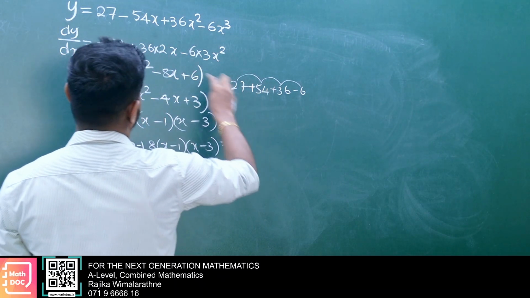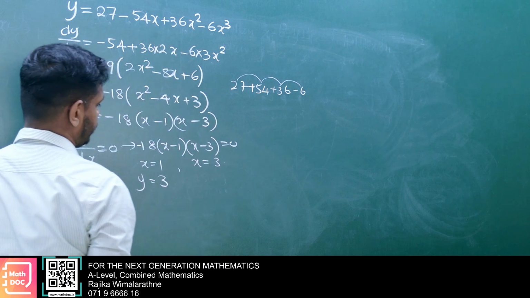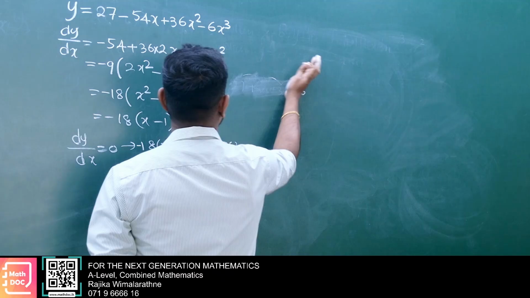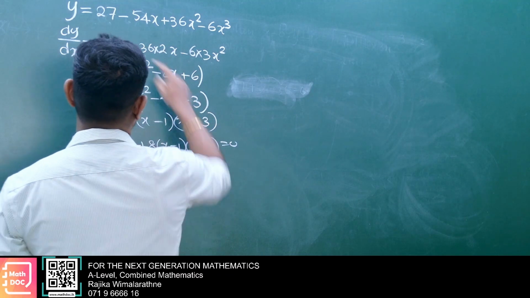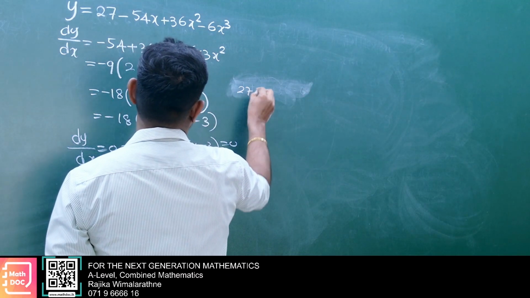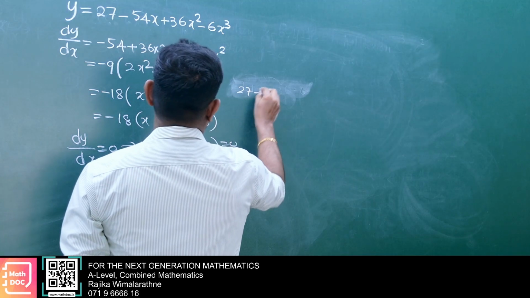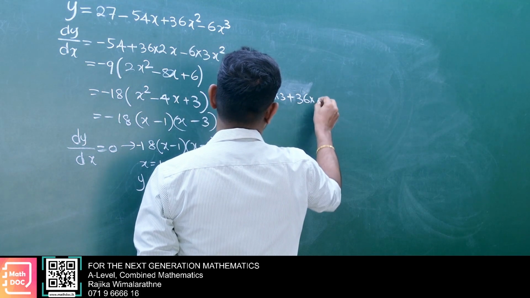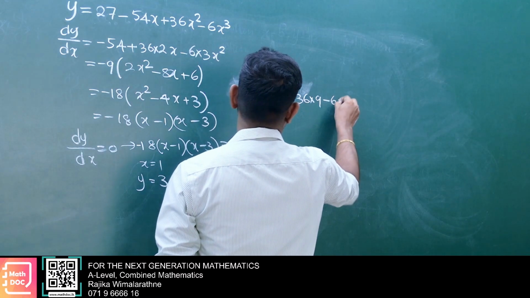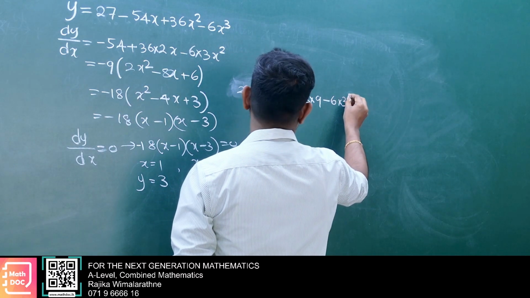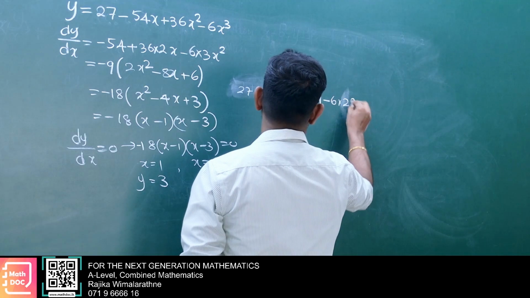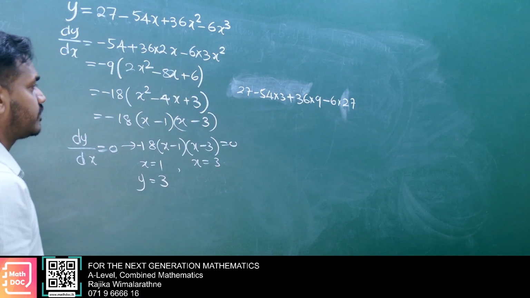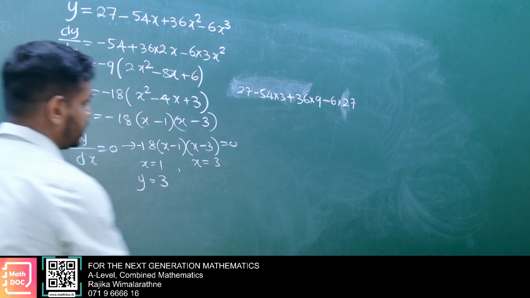For x equals 3: 27 plus 3, 27, 54 times 3, 36 times 9, 6 times 27. Then get the value.